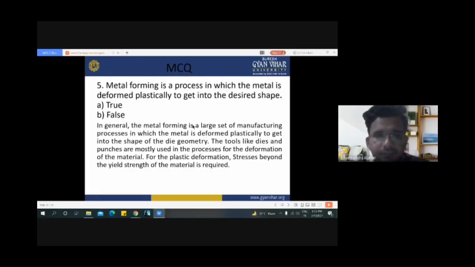Now the next multiple choice question: the metal forming process is a process in which the metal is deformed plastically to get the desired shape. This statement is true, because in metal forming we change the shape from one shape to another. The change is plastic, because after changing its shape, it does not retain its original shape.